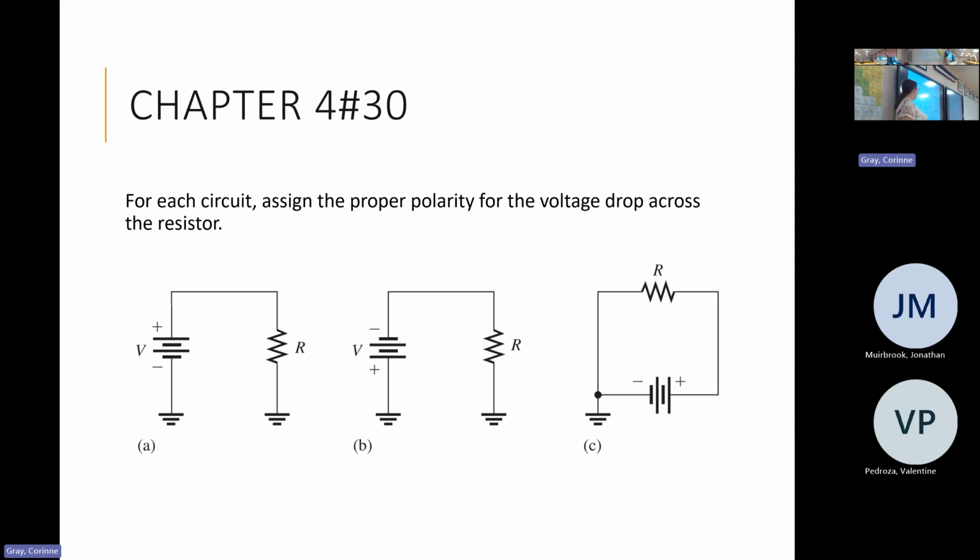If I try to create something like this in reality, all my current, using conventional current, goes from the battery through the resistor straight into the ground. That's not a very interesting circuit. The same thing is true with B. In B's situation, looking at the conventional current, the way it's drawn I'm just taking all my current and putting it straight into the ground.